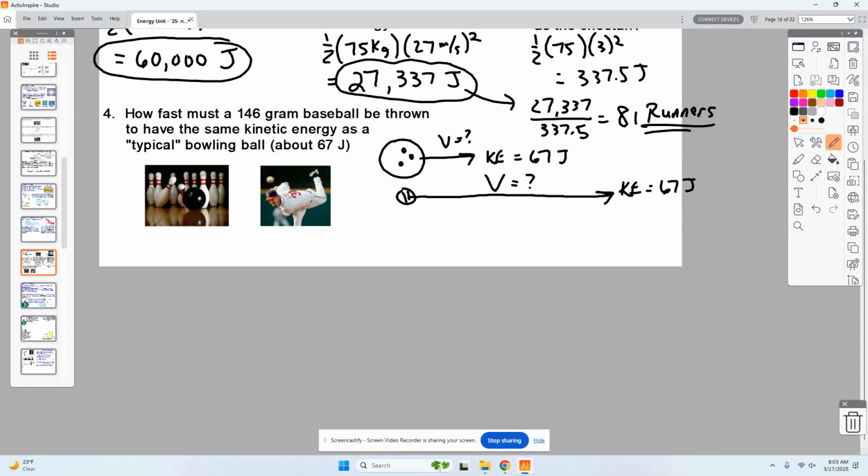The question is just how large would that number be? You've got to take that baseball's mass and figure out the velocity for its kinetic energy to be 67. So again, 67 joules would be equal to 1/2 the mass of that baseball. Do you guys agree that 146 has to go in as 0.146? I had to make sure the units are correct, so I can't put in 146. That has to be 0.146.